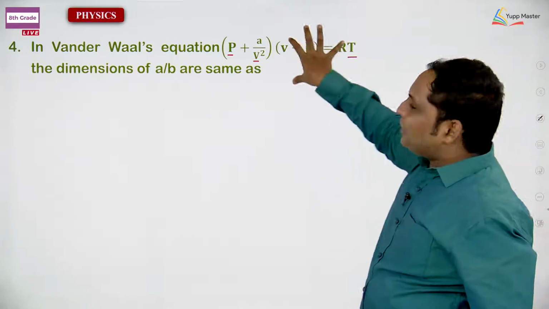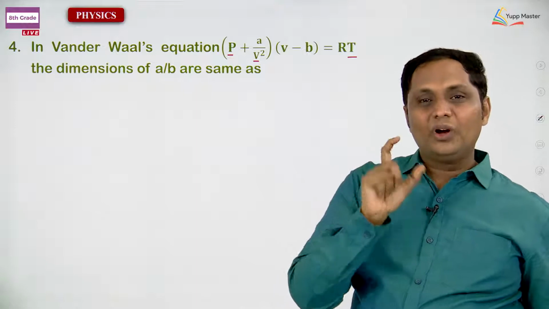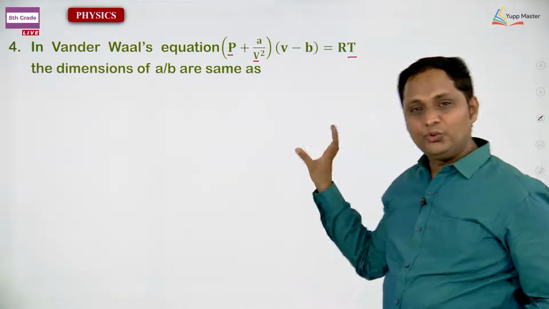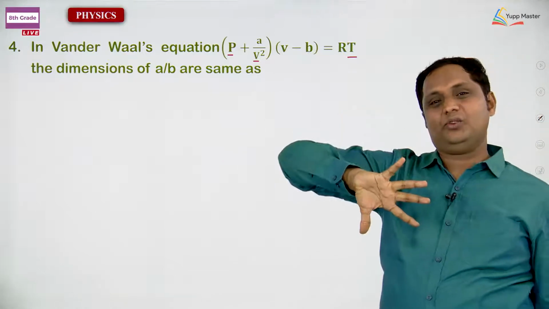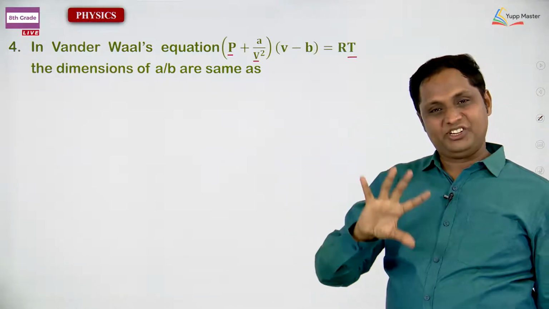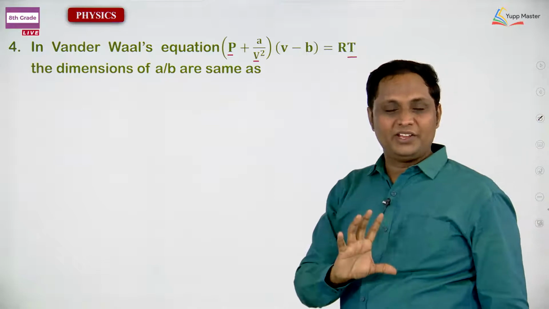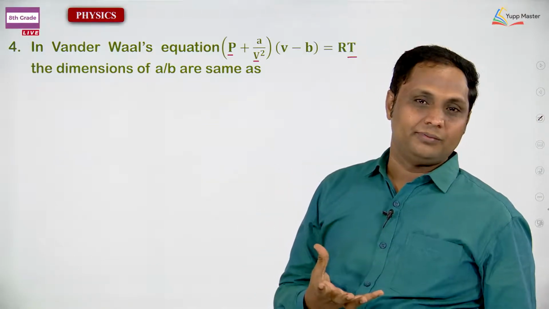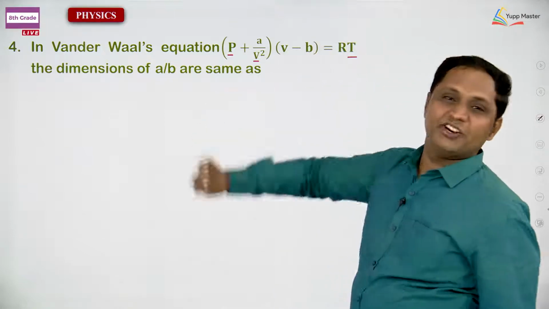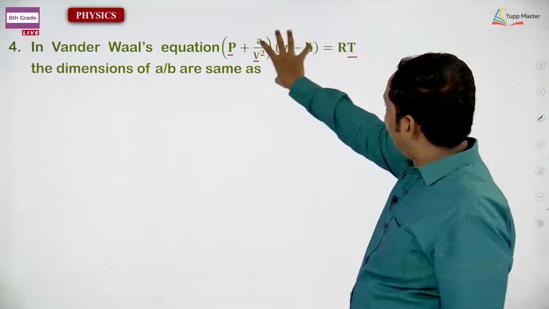The Van der Waals equation is used to represent the variation of pressure with temperature and the variation of volume with respect to temperature and pressure. That is very clear. It is a derived equation.